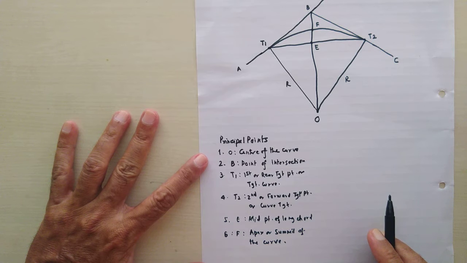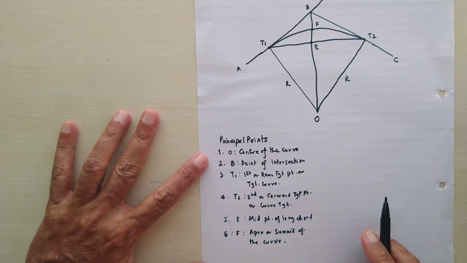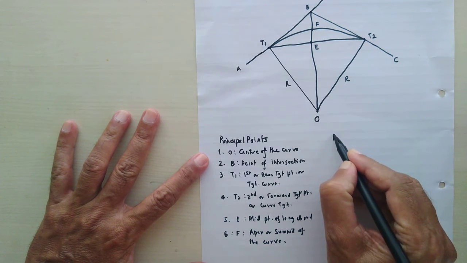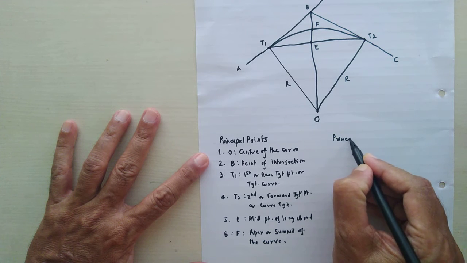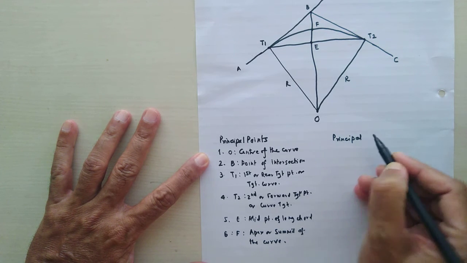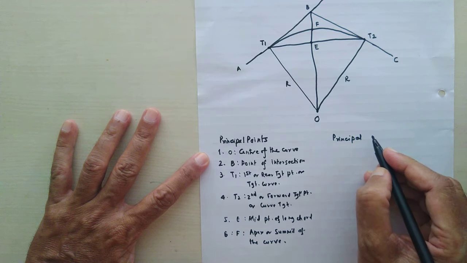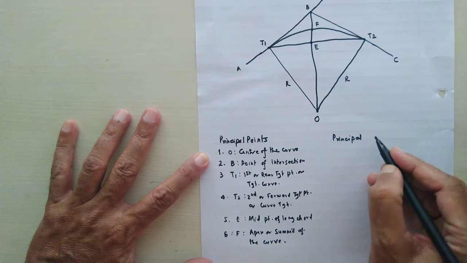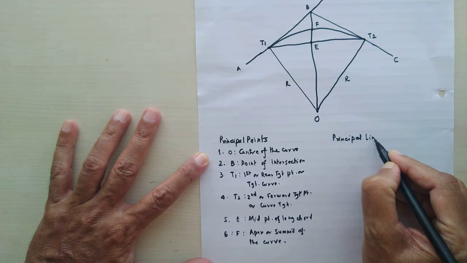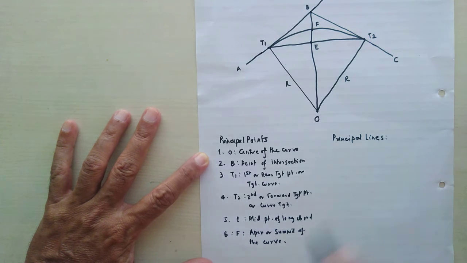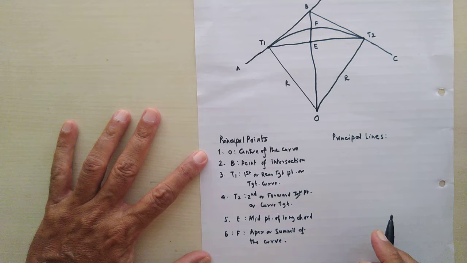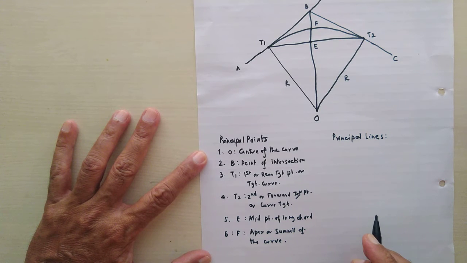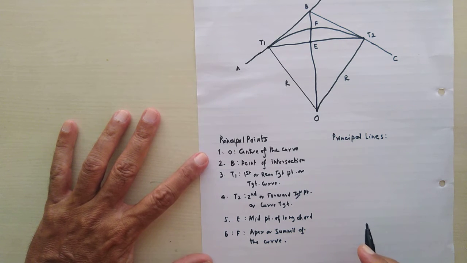Now I'll study the principal lines. Before going to the study of the elements of the curve, one must know the principal points, lines and angles important in respect of the simple circular curve. We have already enlisted 6 principal points. Now we are enlisting the principal lines.